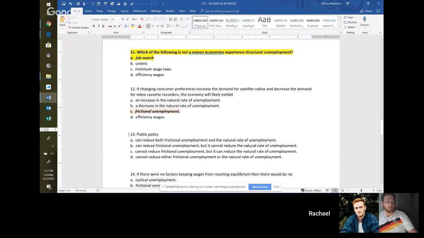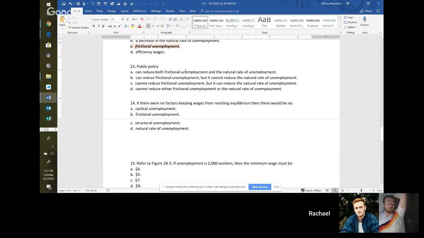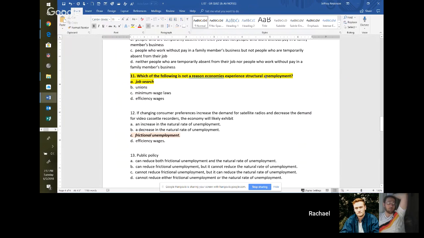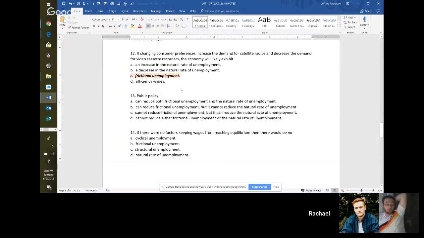There's not enough jobs to go around. Occurs when wage is kept above the equilibrium. So minimum wage laws do cause structural unemployment. Unions raise wages above the equilibrium, which causes unemployment. So unions would also cause structural unemployment.